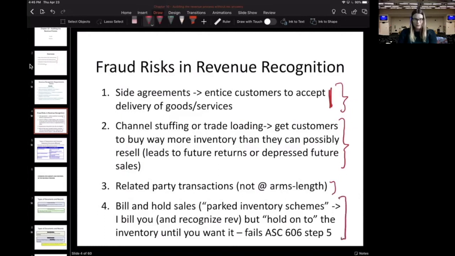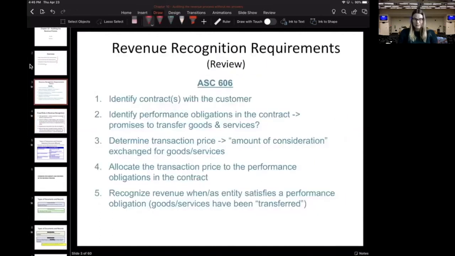And bill and hold sales, this is essentially when I sell customers inventory, and I go ahead and recognize revenue, but I do not actually ship the inventory to the customer, right? And we know the obvious problem with this is it clearly violates this last revenue recognition requirement that says I have to have satisfied my performance obligation, right?